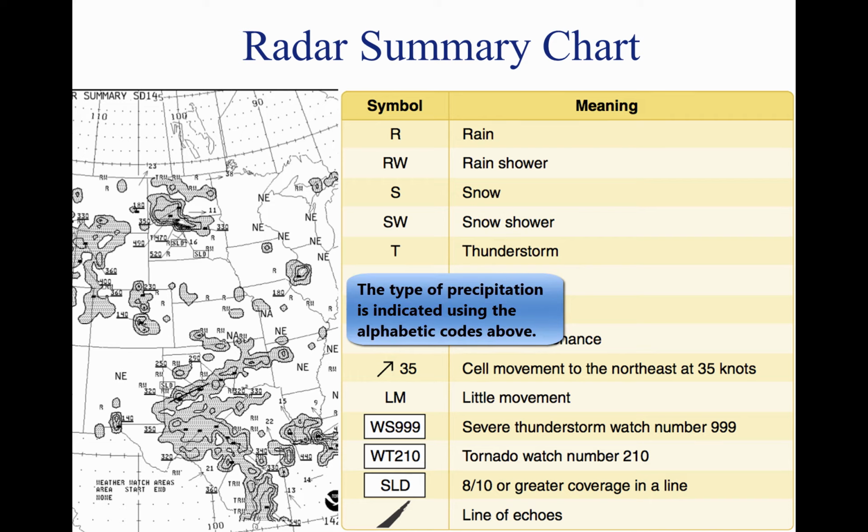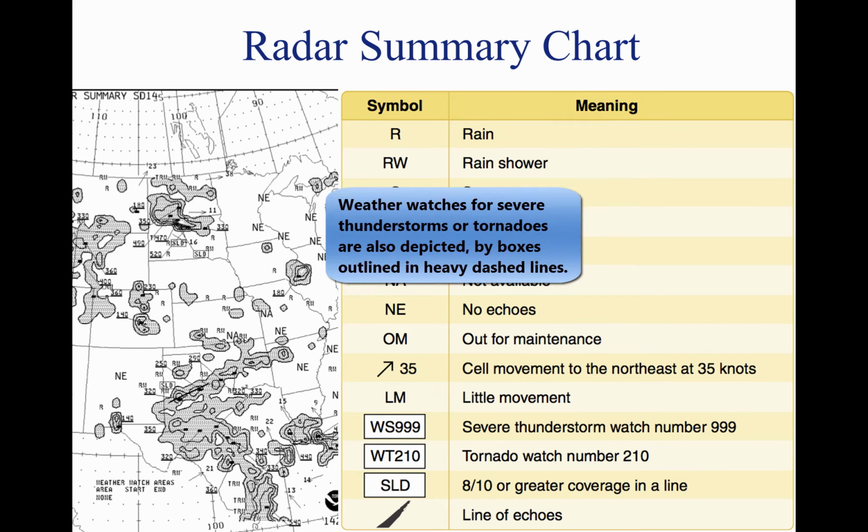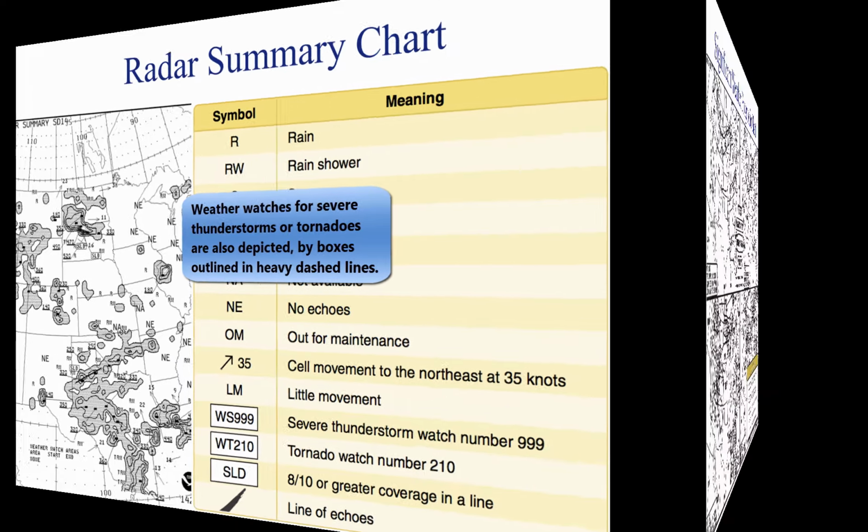These symbols are not the same as used on the METAR charts. 6. Echo configuration. Echoes are shown as being areas, cells, or lines. 7. Weather watches. Severe weather watch areas for tornadoes and severe thunderstorms are depicted by boxes outlined with heavy dashed lines.